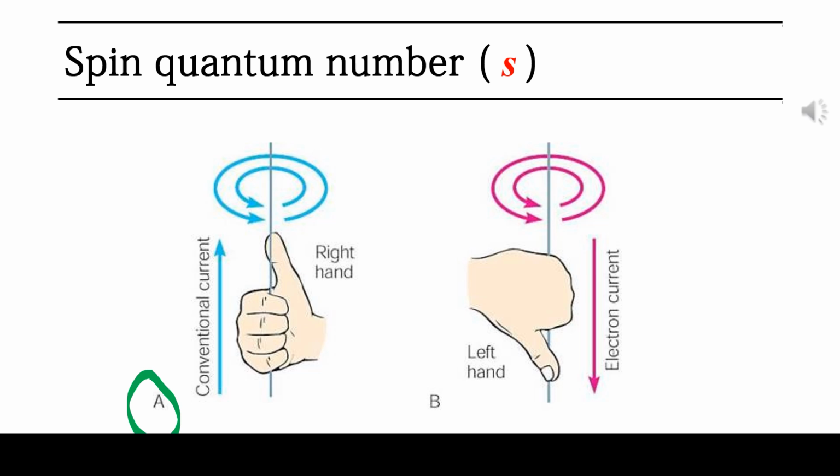Similarly, electron flow is represented by the left hand, image B. If you are considering not the conventional current but the electron current or electron movement, you can represent this law with your left hand.